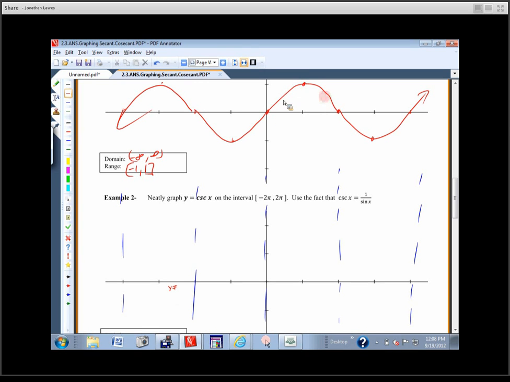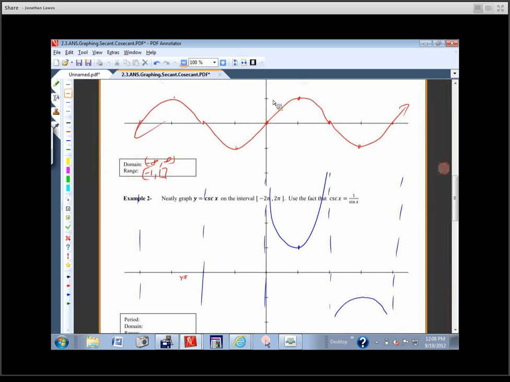What do I get when I do the reciprocal of small positive numbers? Big positives. Smallest it gets to be is 1, because that's the biggest that sine gets. Reciprocal of small negatives, big negatives. So it's going to look like this. Okay, not exactly like that. Like this, and like this. Okay? Any questions?